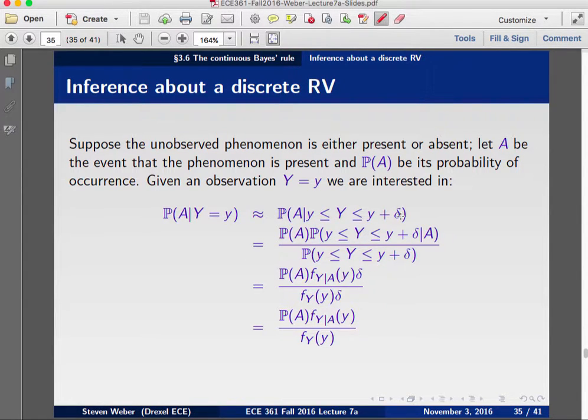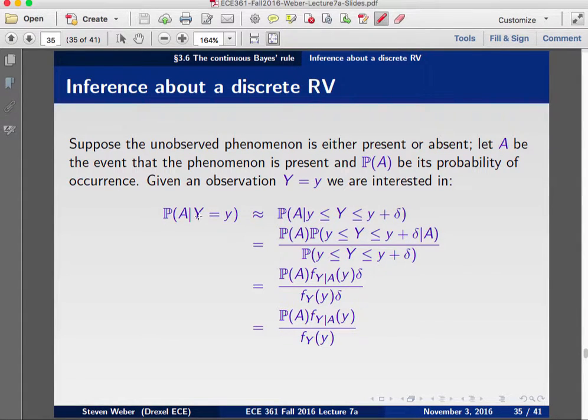And now by using Bayes' rule, flipping things around, Bayes' rule tells us this is the probability of A times the probability that y is in that interval, y to y plus delta given A, all over the unconditional probability that y is in that interval, y to y plus delta. Now, this quantity here is the conditional density of y given A times the width of the interval, delta. And this denominator here is the unconditional density for y at little y times, again, the width of the interval, delta. You see the deltas are going to cancel.